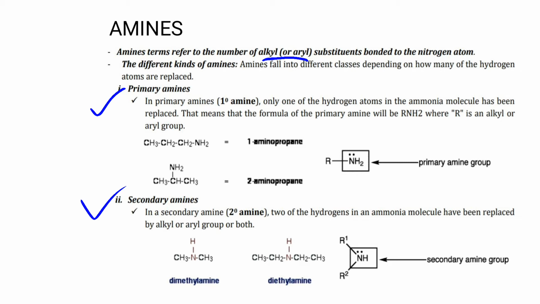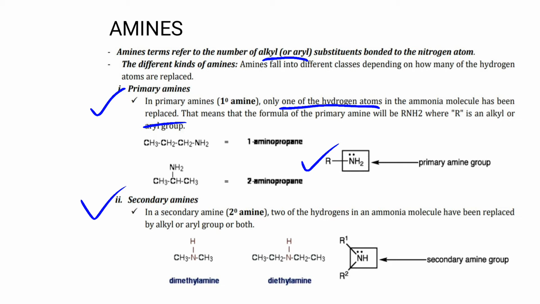The primary amines. In primary amines, only one of the hydrogen atoms in the ammonia molecule has been replaced. RNH2 is the general formula of primary amines, the primary amino group.